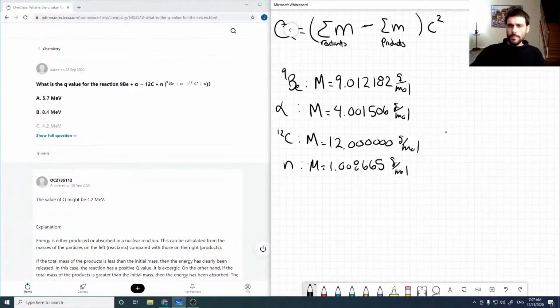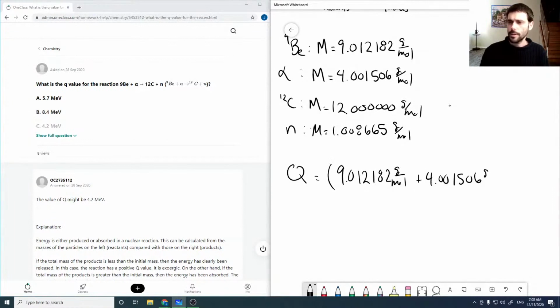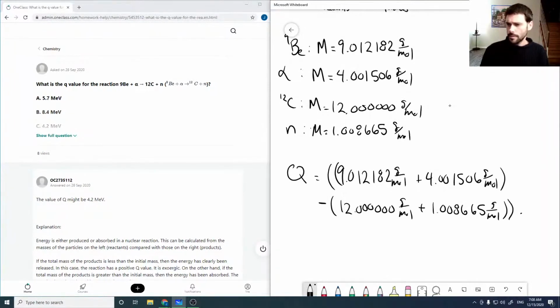So now our Q value is just the sum of our reactants minus the sum of our products, times C squared.